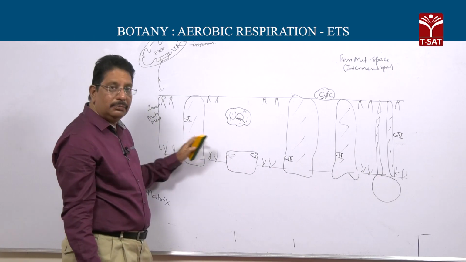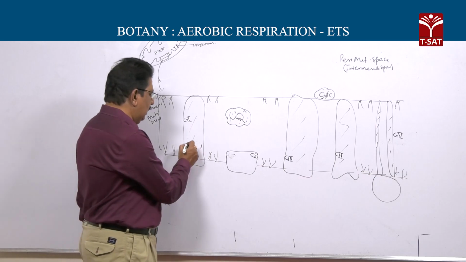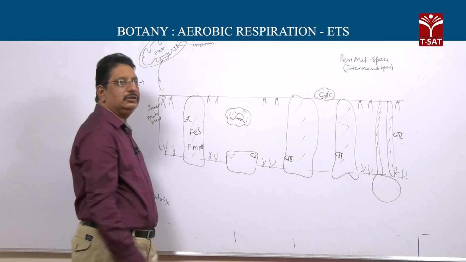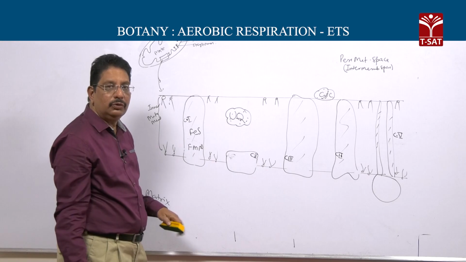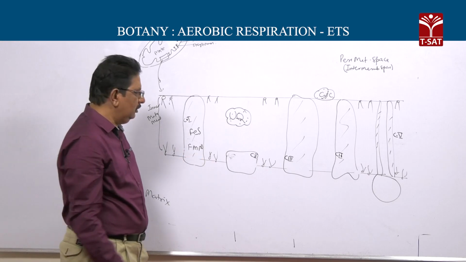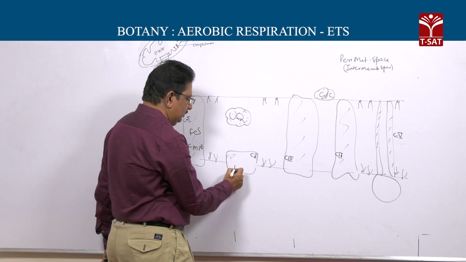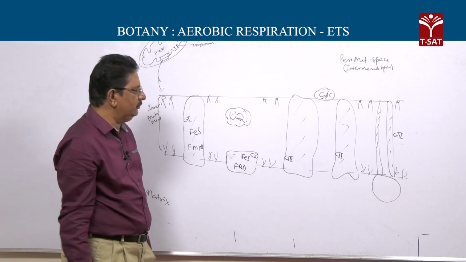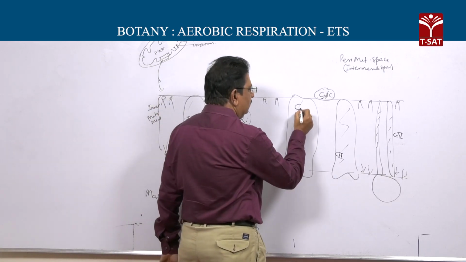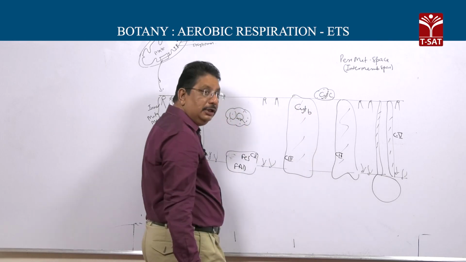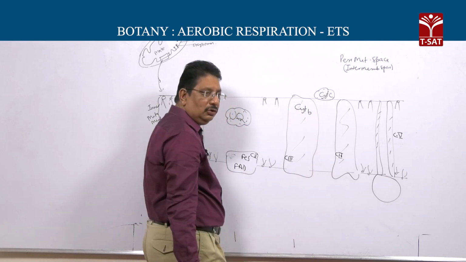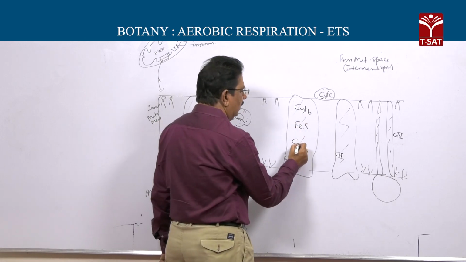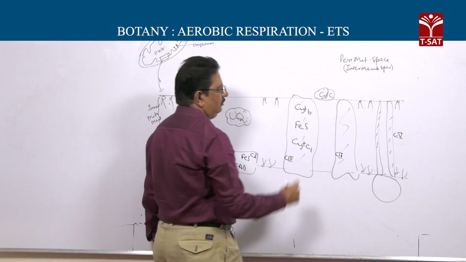So, complex 1 is composed of several components like FMN and a few iron sulfur centers. Complex 2 comprises FAD and iron sulfur components. Complex 3 has cytochrome B, there are 2 types of cytochrome Bs, and an iron sulfur center, and also cytochrome C1.